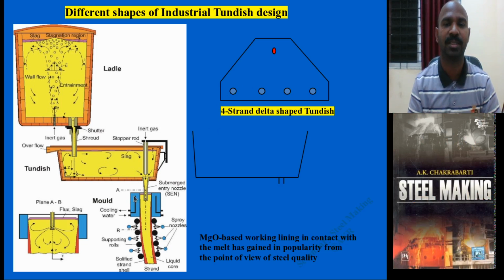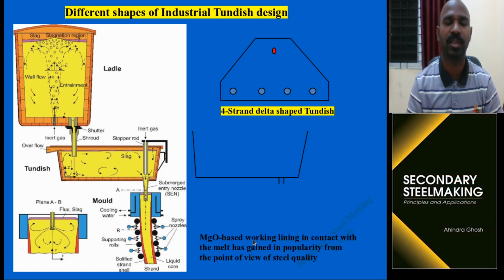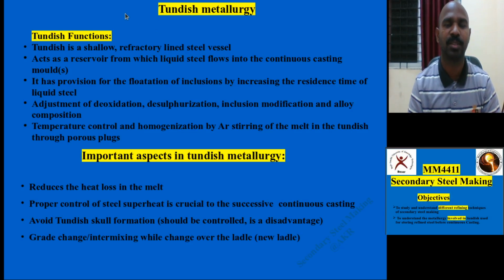Instead of this one, you can have 2, 3, 4, like this 4 strand design, which looks like a delta shape. Another point to be emphasized is that a predominantly MgO based working lining is given for this tundish vessel.